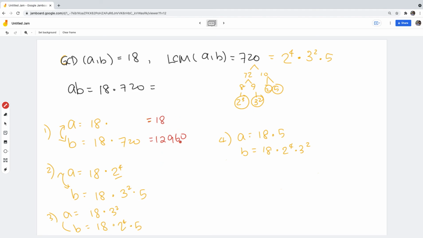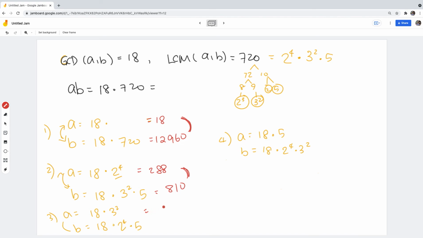So these are the two-number combination. Or 18 times 2 to the 4th, and you get 288, and 18 times 3 squared times 5 is 810. That's another combination, two different numbers.